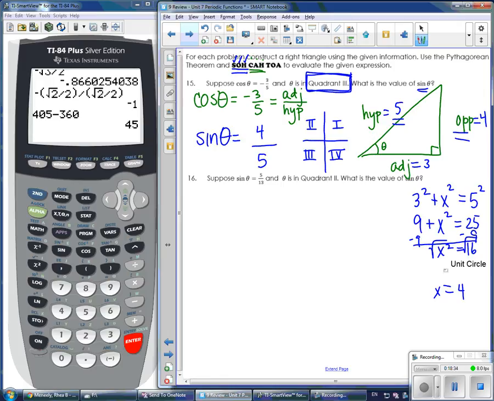So if I think about the sign, positive or negative, of my values, if I am in quadrant 3, that means my x value is negative and my y value is negative. So if I'm trying to find the sine of an angle, the sine, which corresponds to my y value, must be negative. So I've got to remember to make sure that the sine of theta in the third quadrant is negative.